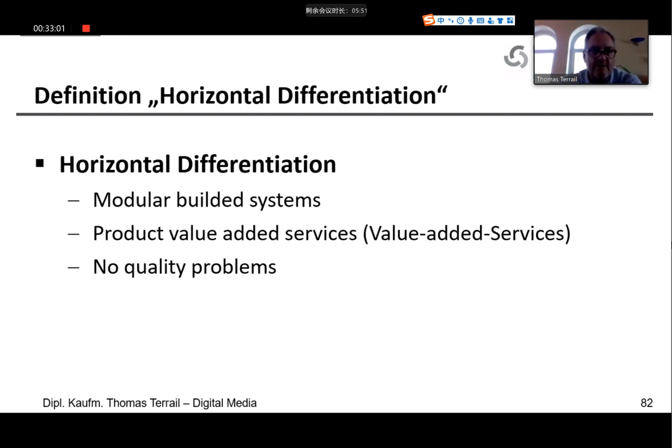What is horizontal differentiation? These are normally modular built systems. The meaning here is that you have the possibility to offer different services, but the system is nearly the same. An example: we have shops here in Germany.